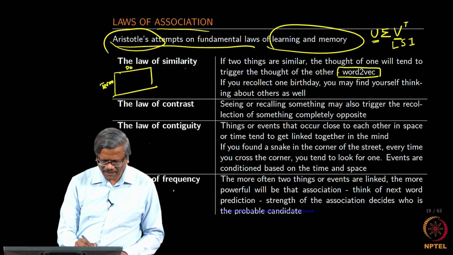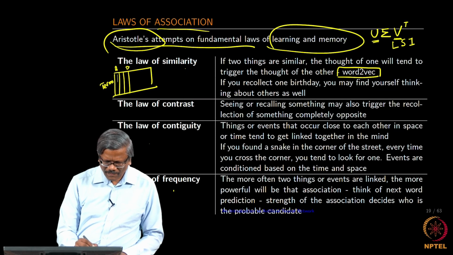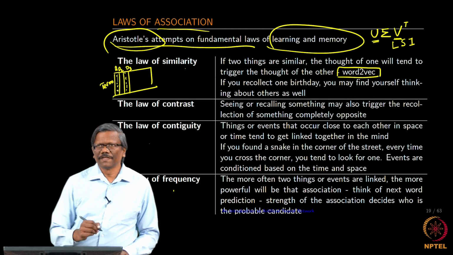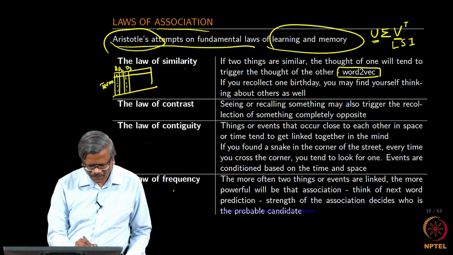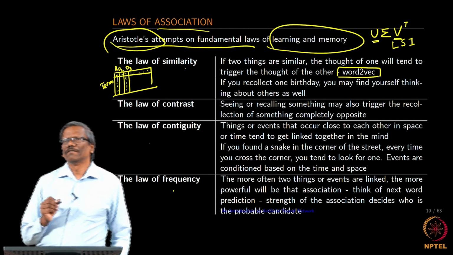This is your document, right. So, the column tells you various features of your documents, and then rows give you the features of your words.